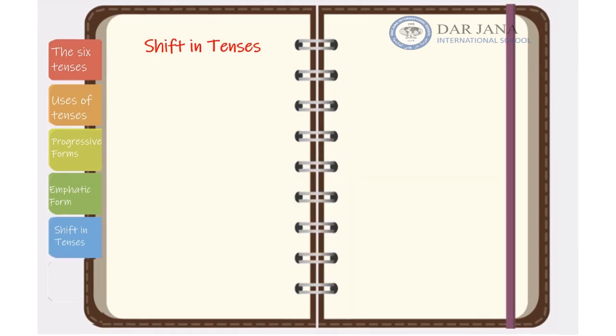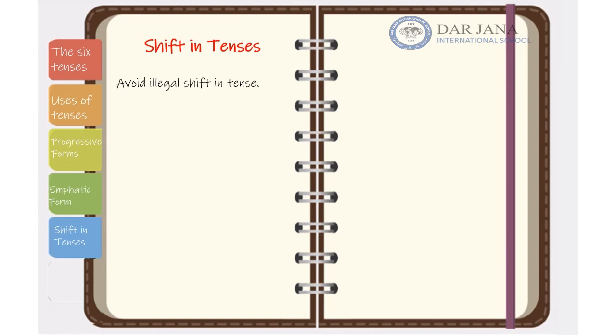The last one, which is very important, especially for your essays, because we notice that many essays of the students are full of illegal shift in tenses. Now, illegal shift in tenses is where you shift from a tense to a tense without justifying it. It's important to shift sometimes if you want to show a sequence from the past to the future to the present and so on.